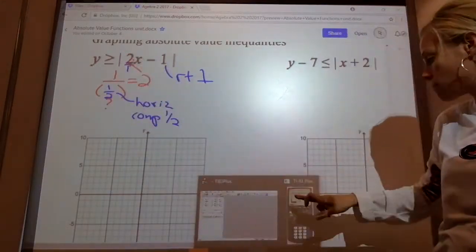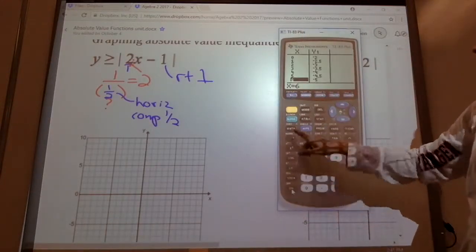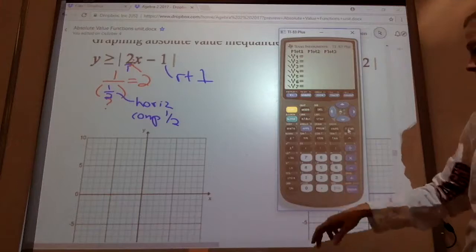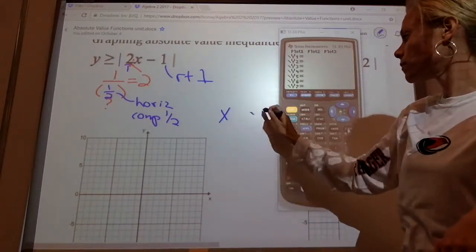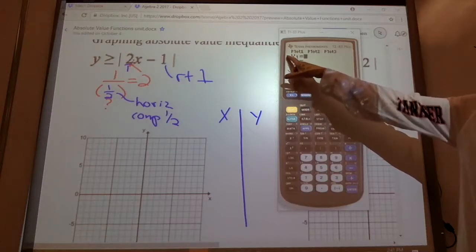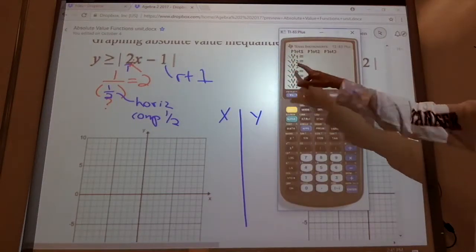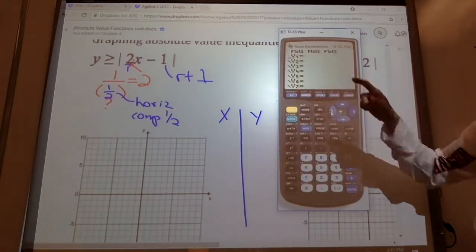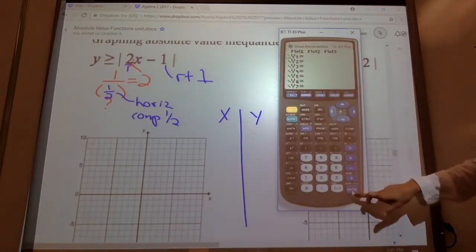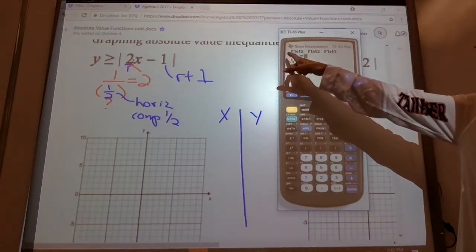It's kind of cool. So if I go into my calculator, go y equals, okay, clear that out. I need to find some points. Now, if you go all the way over to the left, see this line right here? If you go all the way over to the left until it's blinking and push enter twice, you'll get this, and that's the greater than symbol.